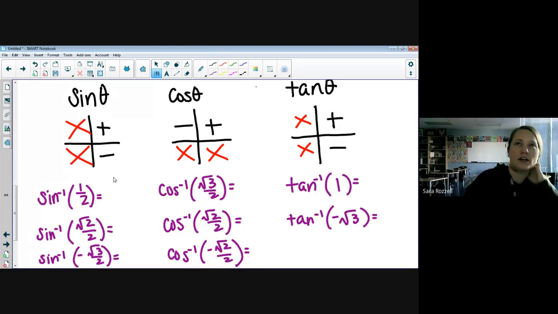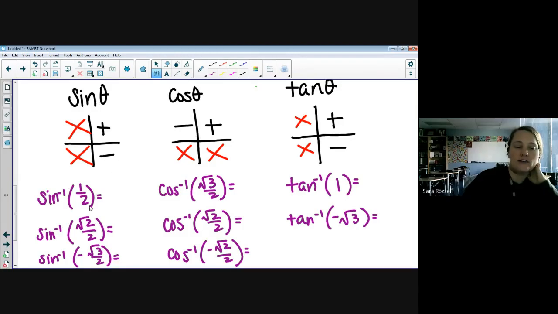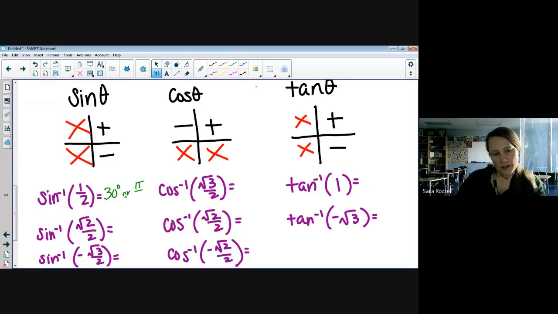So sine of 30 is 1/2. Everybody see that on their triangles? Sine of 30 is 1/2. Okay. So inverse sine of 1/2 is going to be 30 degrees. They're asking you for which angle is sine a half. So 30 degrees, and that in radians is pi over 6.